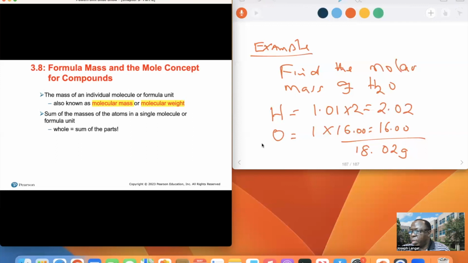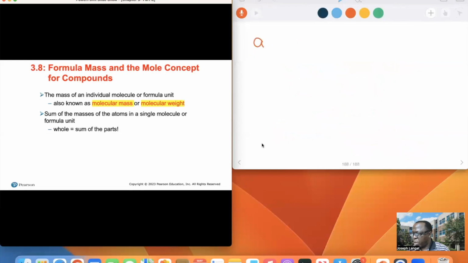When you have that, it means you have only one molecule. This is AMU, by the way. AMU stands for atomic mass unit, and this is a unit used by chemists to represent the mass of one atom.